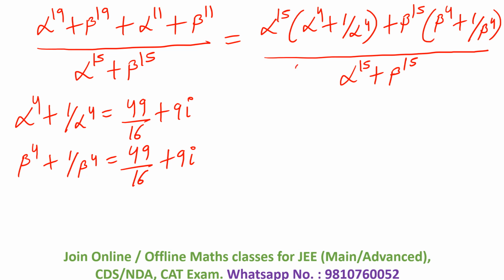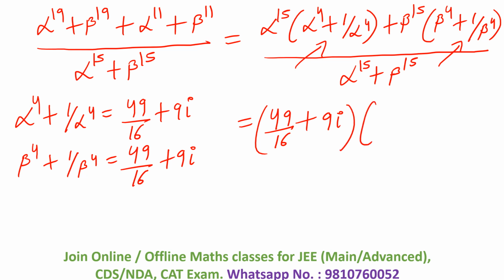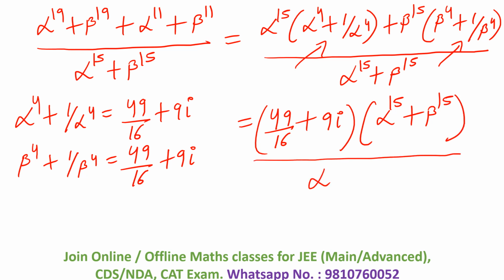Now just put these two values over here. So the value of the expression becomes 49 upon 16 plus 9 iota common into alpha to the power 15 plus beta to the power 15, whole divided upon alpha to the power 15 plus beta to the power 15. Now students, this expression gets cancelled and the value becomes 49 upon 16 plus 9 iota.